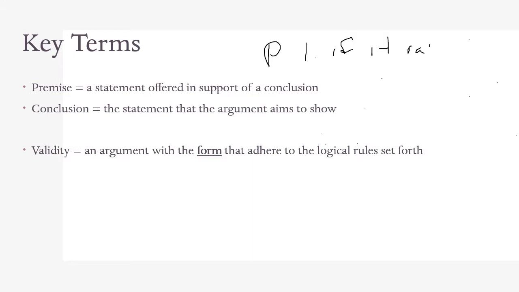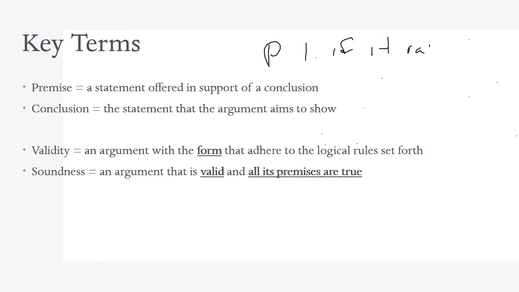Next, we have validity and soundness. Validity and soundness are ways that we evaluate an argument. Validity means an argument has a certain structure, or what we call a syntax, such that the argument follows all of the logical rules that we have at our disposal.